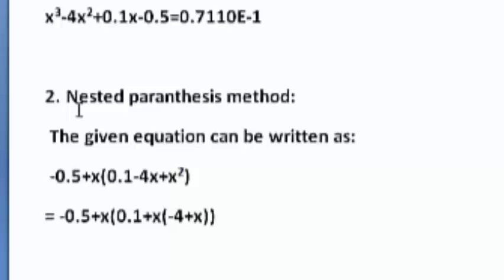The equation given in the question, x cube minus 4x square plus 0.1x minus 0.5, can also be written as minus 0.5 plus x into 0.1 minus 4x plus x square. Now again taking x common in the bracket, we get minus 0.5 plus x into 0.1 plus x into minus 4 plus x.